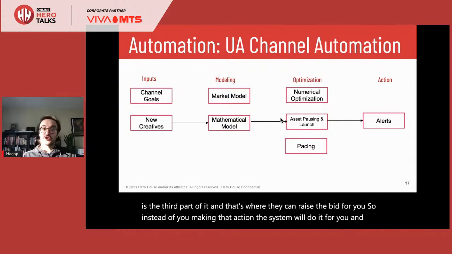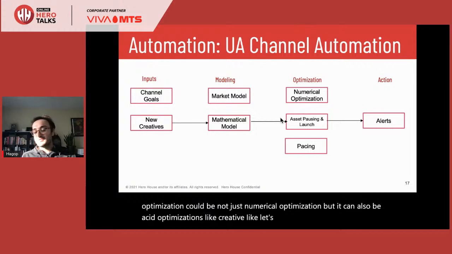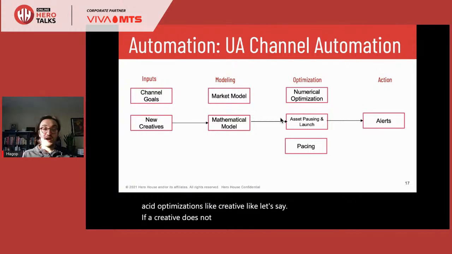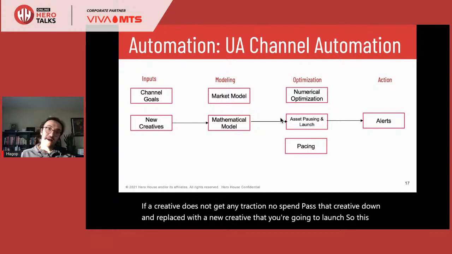The optimization could be not just numerical optimization, but also asset optimization, like creative. Let's say a creative does not get any traction, no impressions, no spend: pause that creative and replace it with a new creative that you're going to launch soon. These actions can be taken automatically.